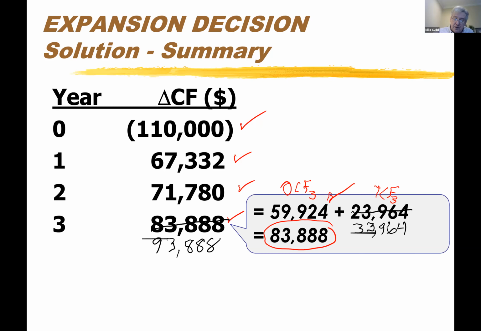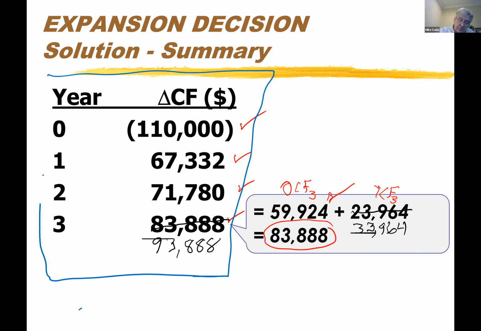And as long as we've bothered to get all the project's cash flows and we have its cost of capital, we might as well see if the project would be acceptable.